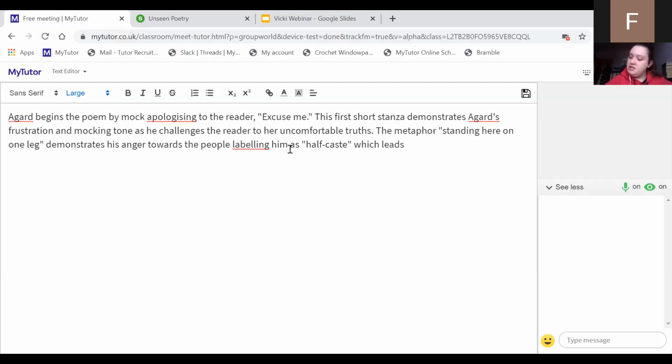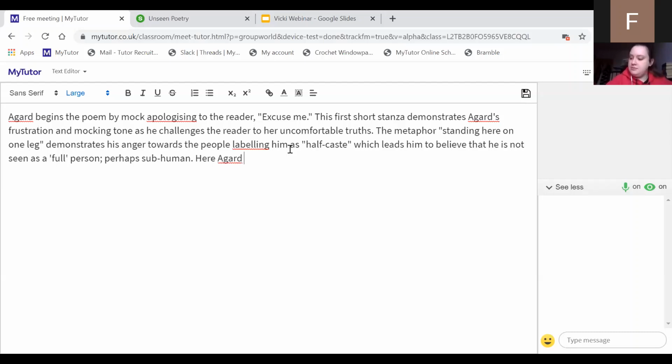So, which leads him to believe that he is not seen as a full person. I'm going to put in what that lovely person said, perhaps subhuman.